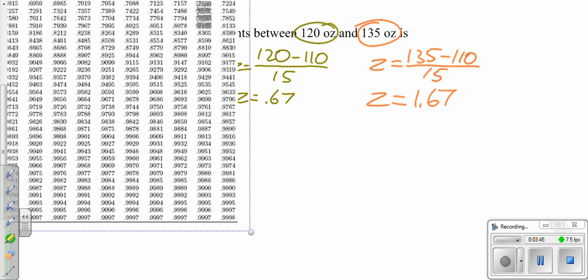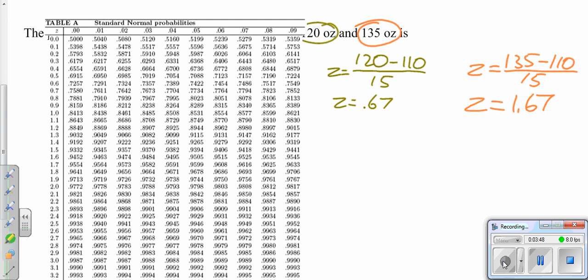So when I look at this first one here, I need to find that 0.6 on the left-hand side, go all the way over to the 07 column, and I get this. Then for the orange one, I need to go to the 1.6 on the left-hand side, still going over to the 07 column, and I get this.